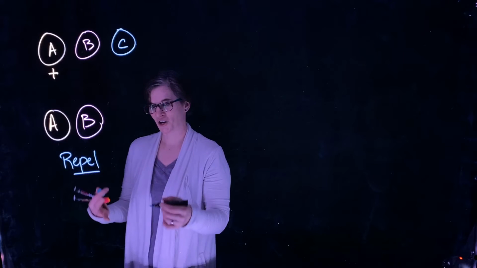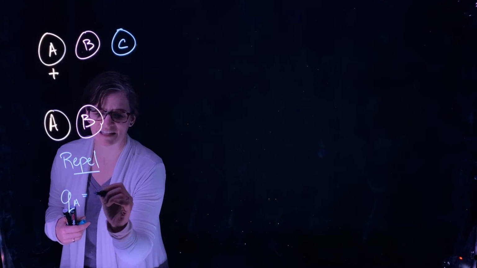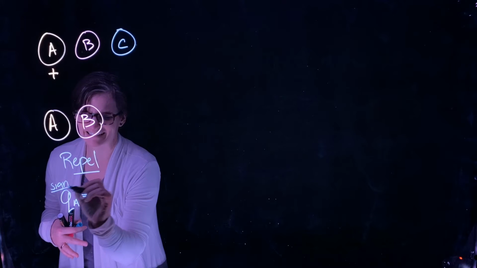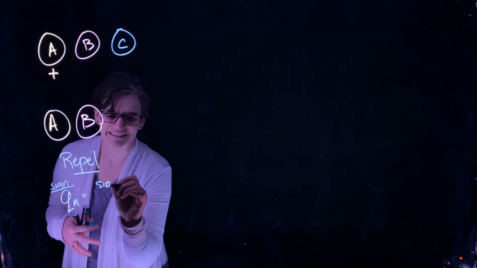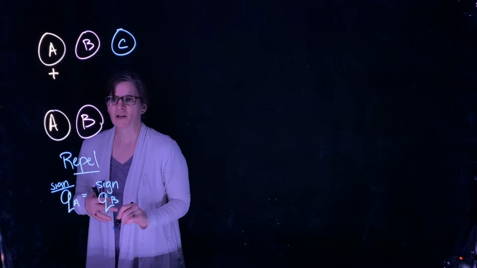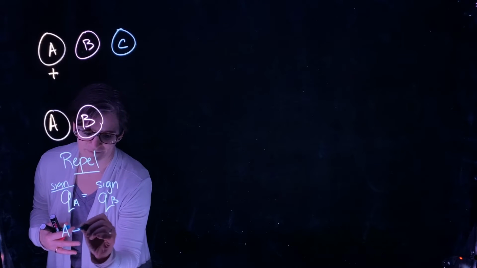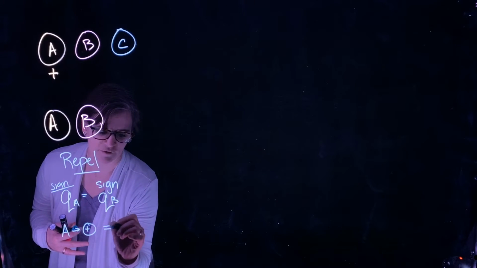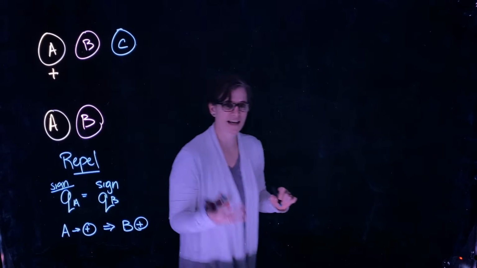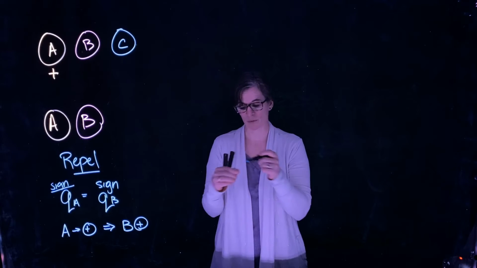So if like charges repel, the sign of the charge of A has to equal the sign of the charge on B. So we're told A is positive, therefore B must also be positive. Charge A is positive, therefore object B must also be positive because they repel.